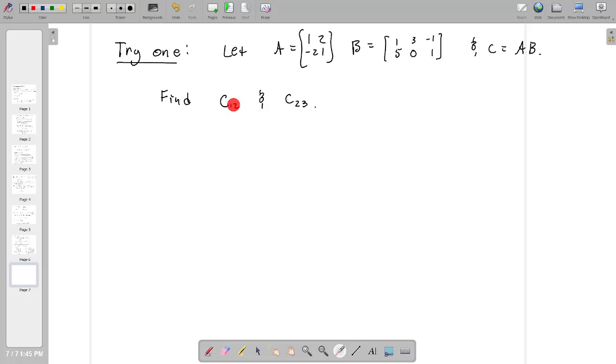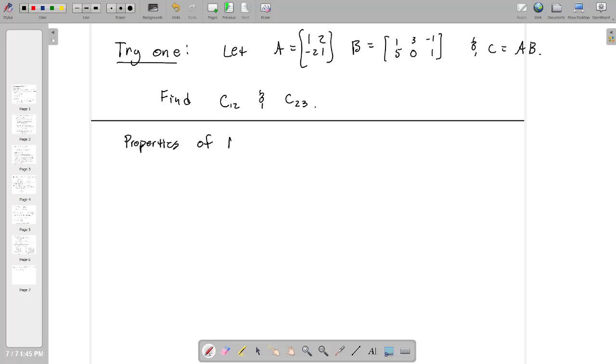So you need to figure out which row of A and which column of B you need to take the inner product of. And that's all you need to do for these two entries. If you want to do the rest, I would encourage that. But it's not necessary for this particular exercise.